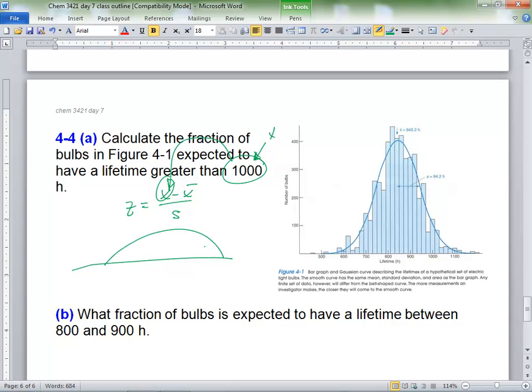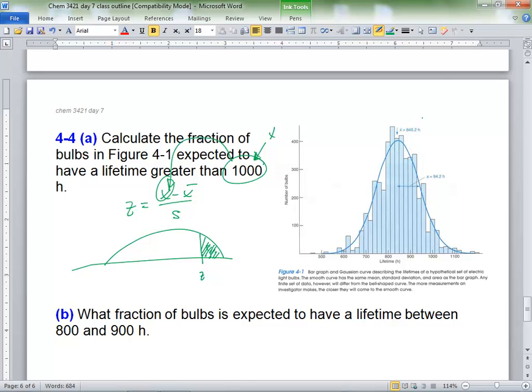Whatever that z number is, it's going to be this. But wouldn't that x value be all numbers that are greater than 1,000? Yes. So it's going to be all z's greater than, you got to calculate it. Put in 1,000 for x. Average is, there it is. You see the top, 845.2.